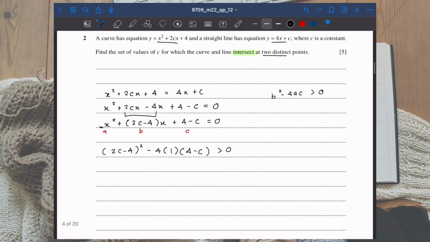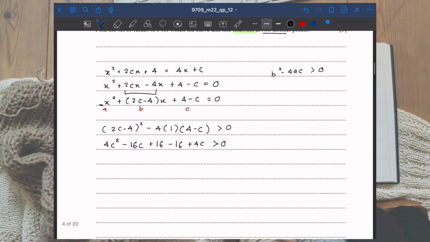So expand and simplify. 4c squared minus 16c plus 16. Negative 4 times 4 minus c, that is minus 16 plus 4c, more than 0. So 16 minus 16 is 0 for c squared, and then negative 16c plus 4c, this will be negative 12c, more than 0.